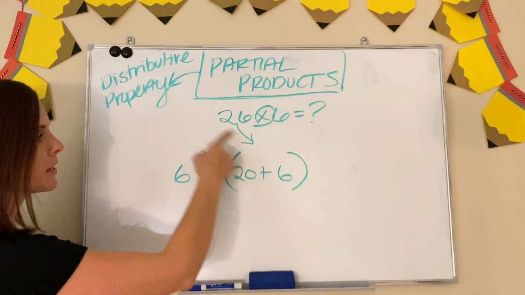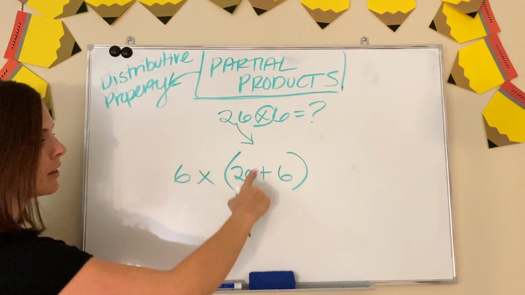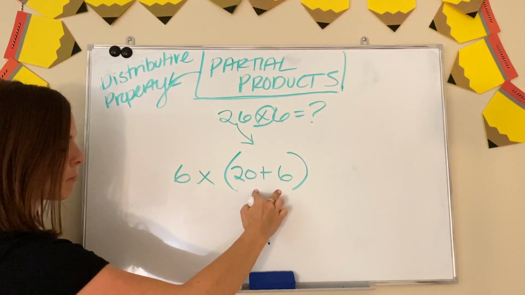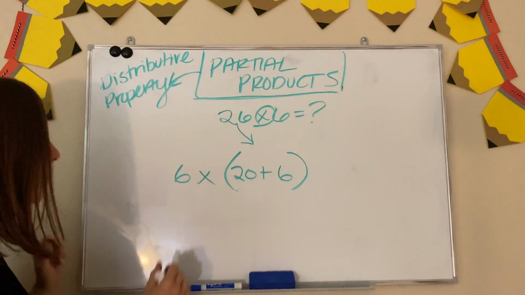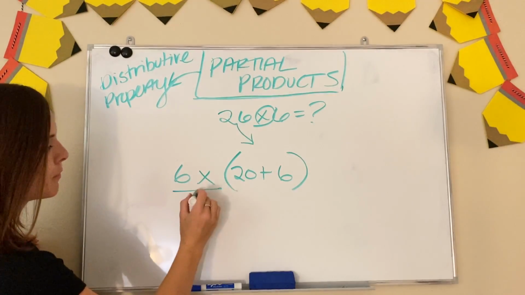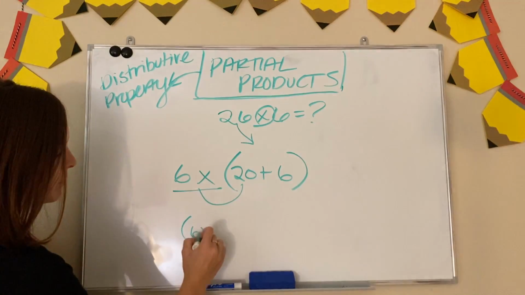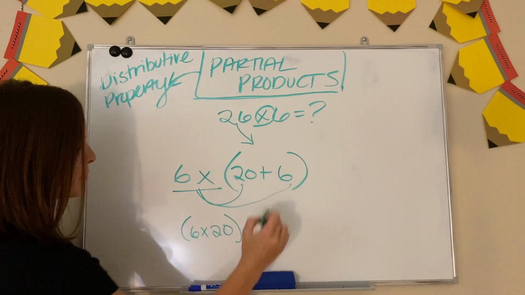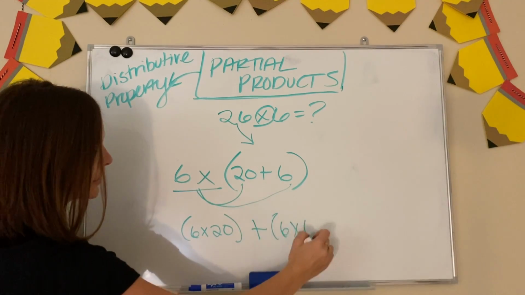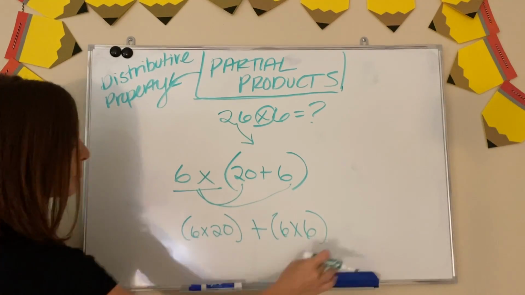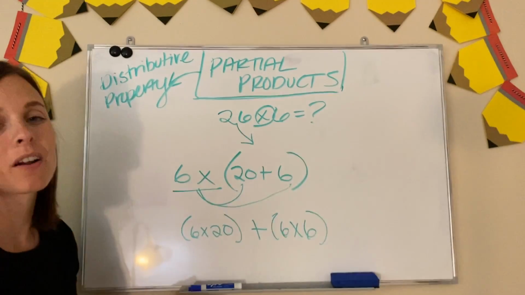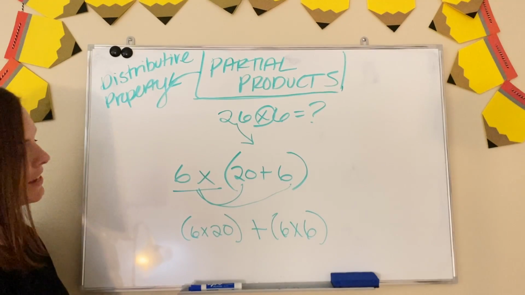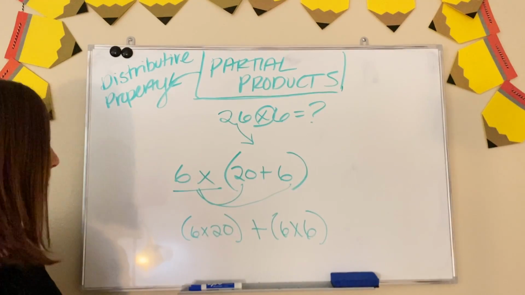Because 20 plus 6 gives me my 26. So that's why you have to have the addition sign, and again, you're just breaking it apart. Because now I'm gonna do 6 times 20 as my first step, and add that to 6 times 6 as my second step. So it's like I'm doing more work as far as finding partial products or the answer. I'm showing all the steps it takes.